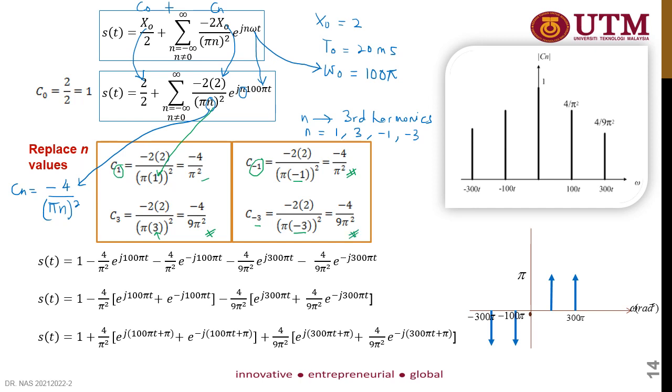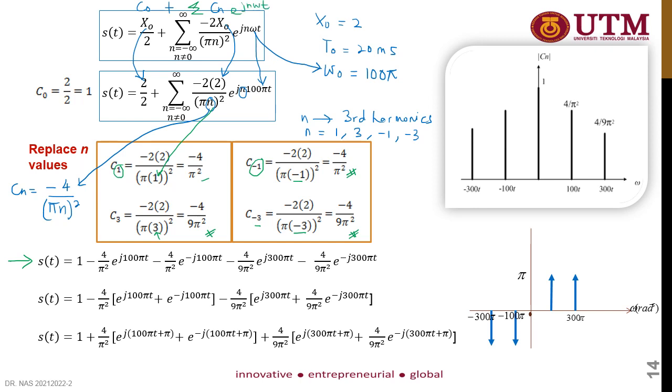The last step is to write down the complete Fourier series equation in exponential form. Remember, the basic equation is C0 plus the summation of Cn e^(jn omega t).